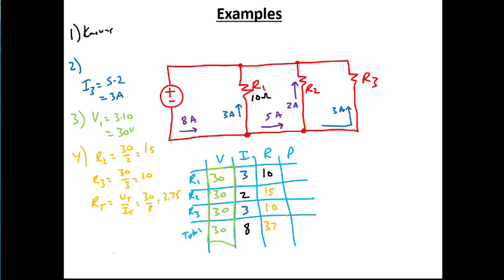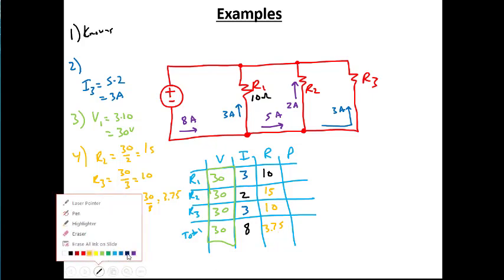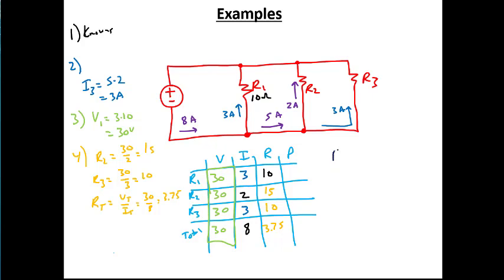And then lastly, we can find all of the individual powers. So P1 equals 30 times 3. So that's going to be 90 watts. P2 is 30 times 2, so that would be 60 watts. P3 is going to be 30 times 3, so that's also going to be 90 watts.